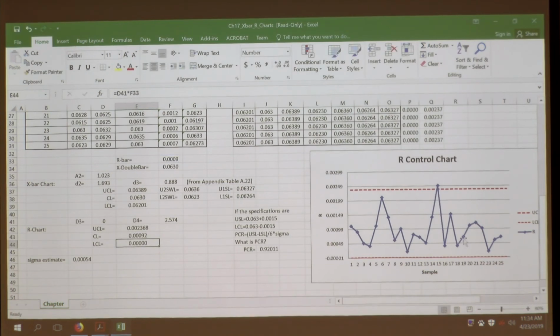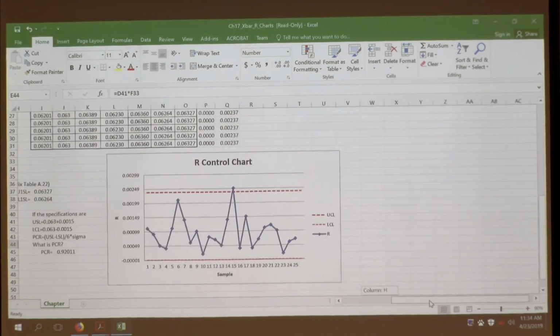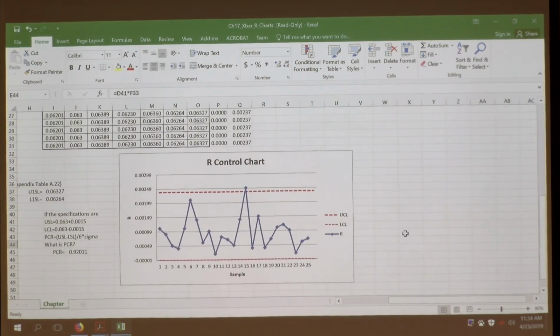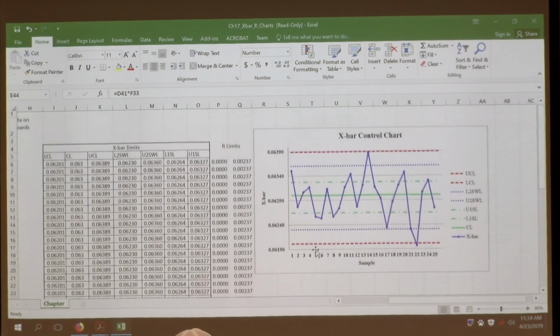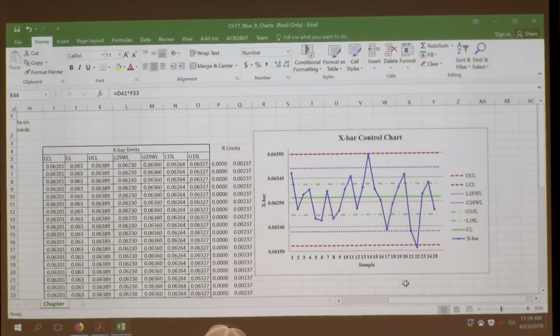Now we just plot the control limits we calculated. We will have the upper control limit and lower control limit for our control chart, with the center line in the middle. I didn't plot the center line here. And this is the X bar control chart. I plotted all the values so that I can draw the dotted line.